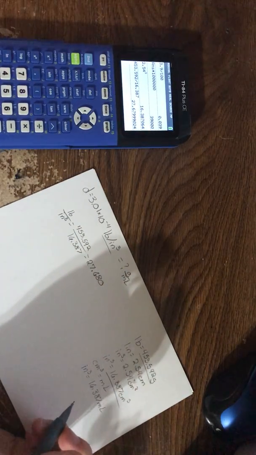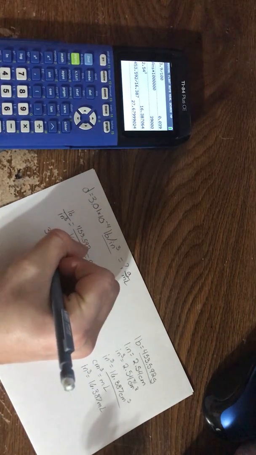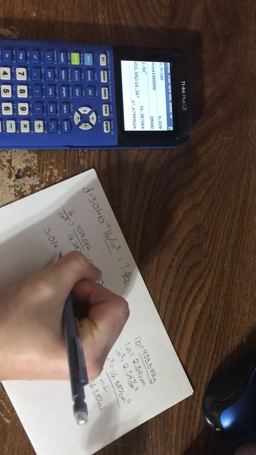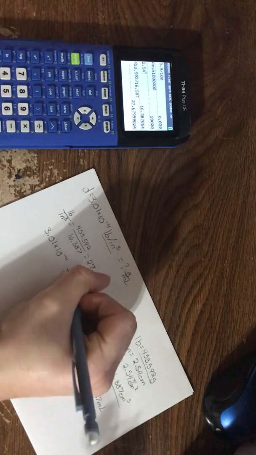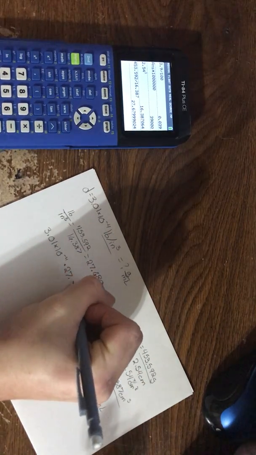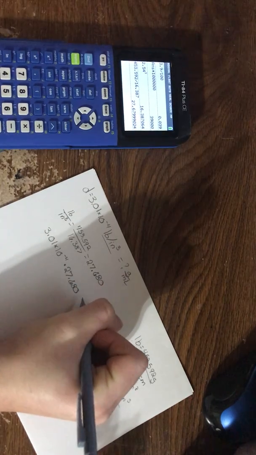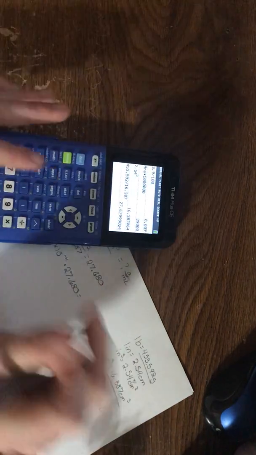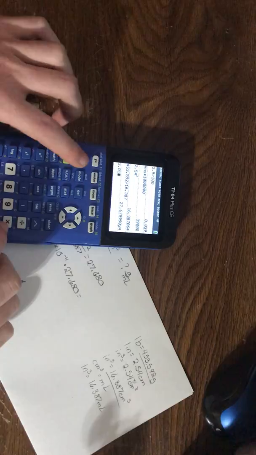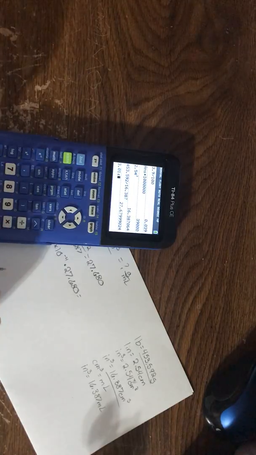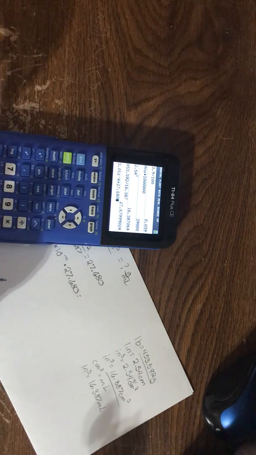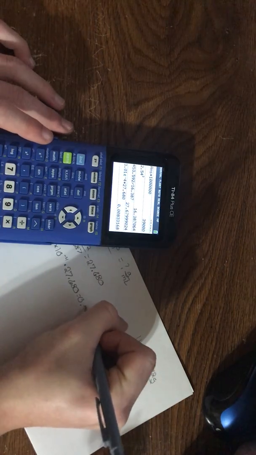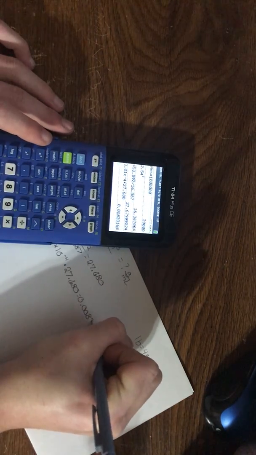So now you've got to do some simple math. You do 3.01 times 10 to the negative fourth, multiply that by 27.680, and you will get 0.0083.